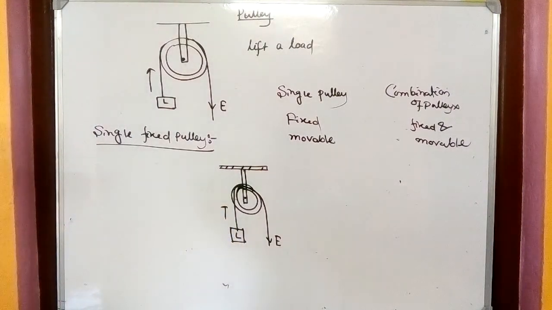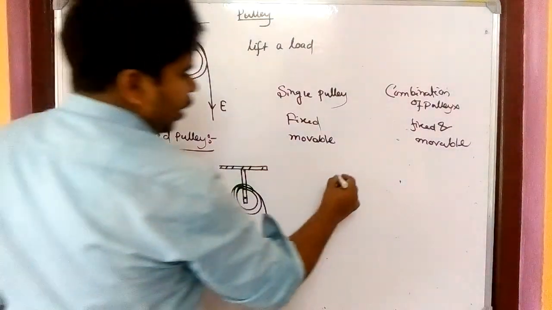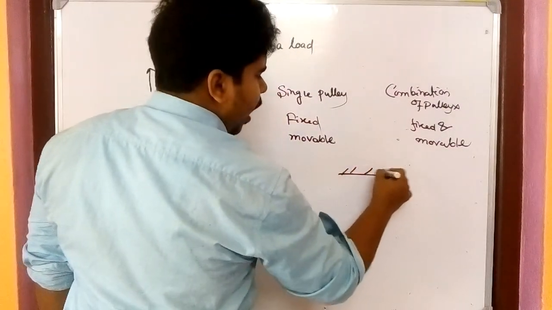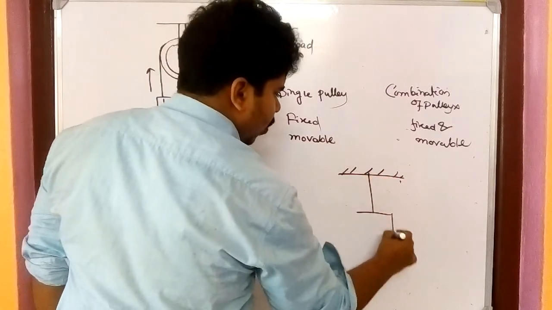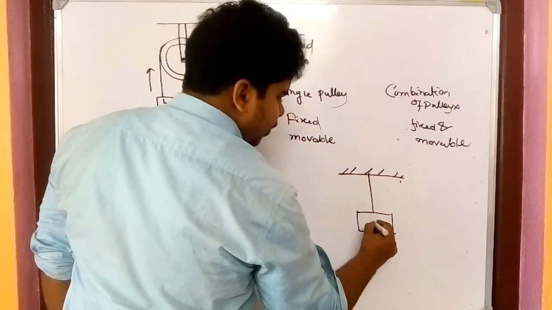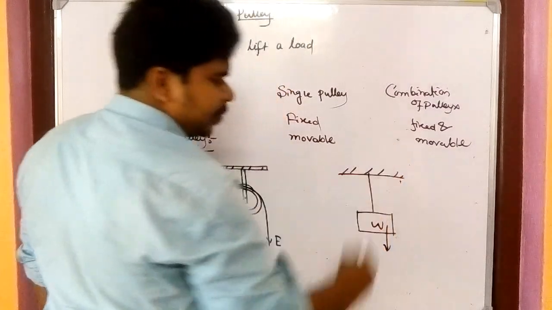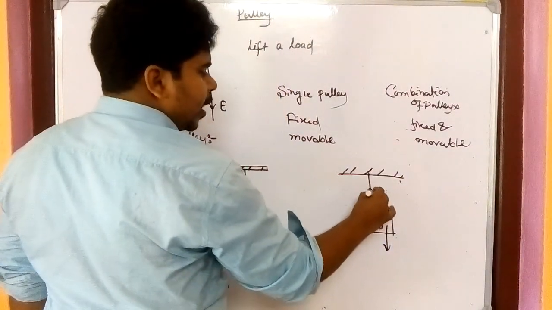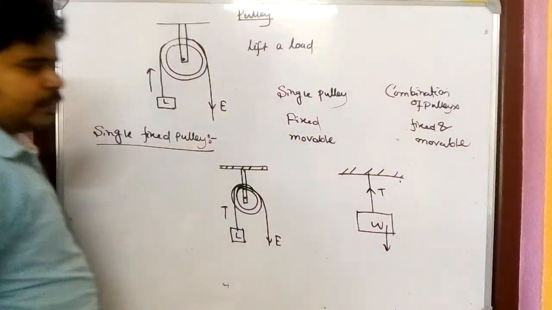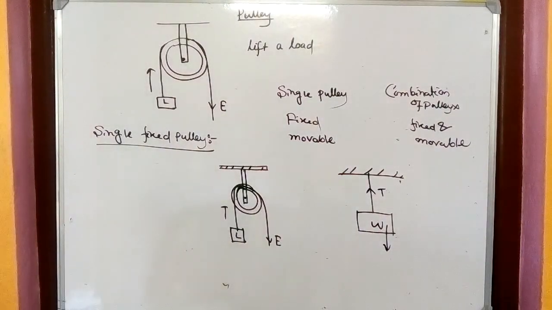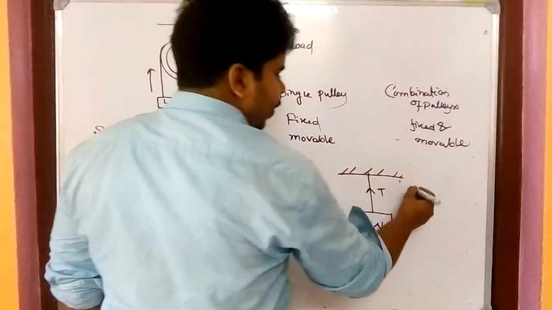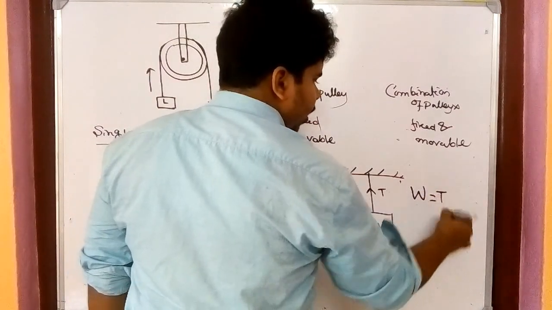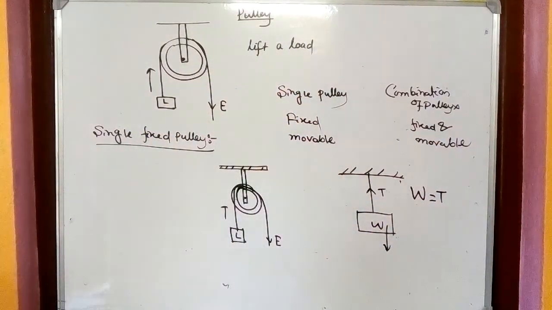Now you remember one thing you learned in class 9: if a substance is hung from a height, its weight acts downward and one force acts upward, that is called tension. When the body is in equilibrium, the weight of the body is equal to the tension, and this tension is taken as a contact force.